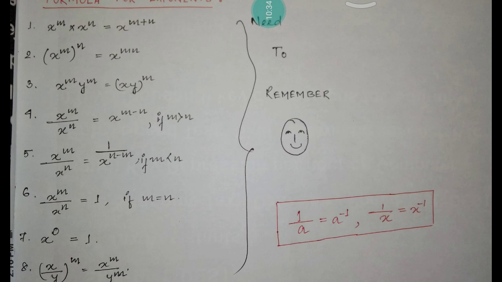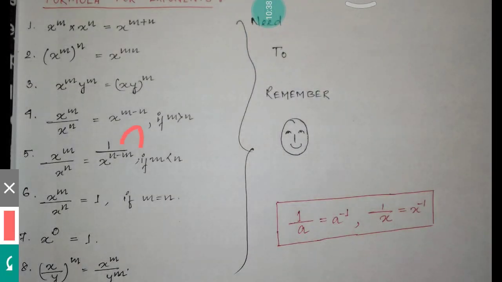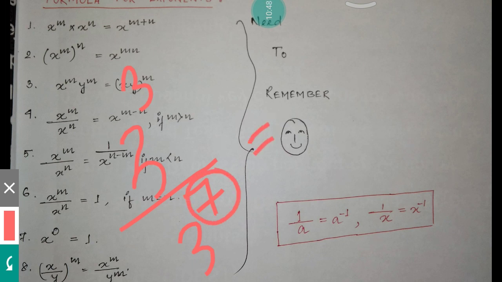Okay, so let's start with one example. Suppose it is given 3 power 3 divided by 3 power 7. Which power is greater? The denominator power is greater. So at that time what do we have to write? You have to write 1 by 3 power 7 minus 3. Understood?